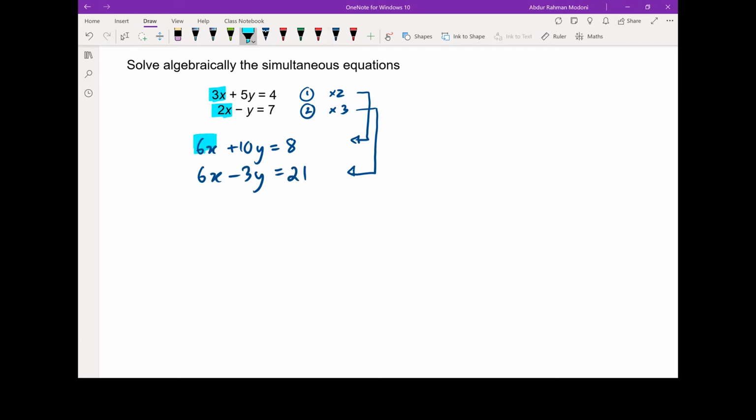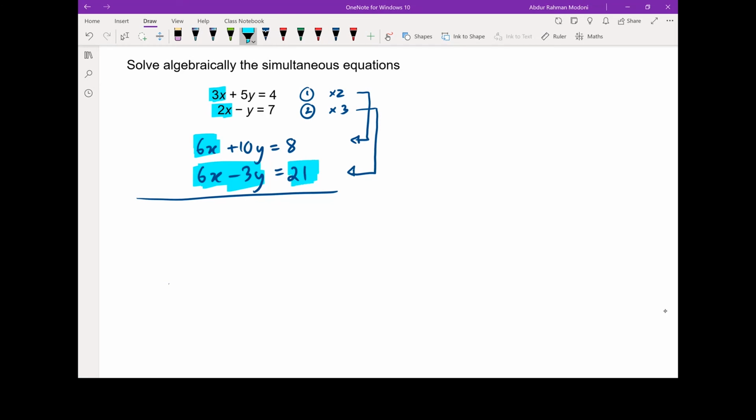Now that both of my x terms on both equations are the same, I can start by doing something to both equations. I can subtract or add one equation to the other, and this is based on the principle of balancing. We know that 6x minus 3y is exactly equal to 21.